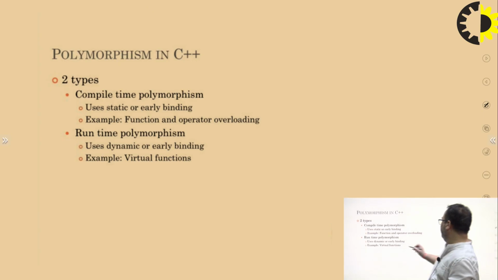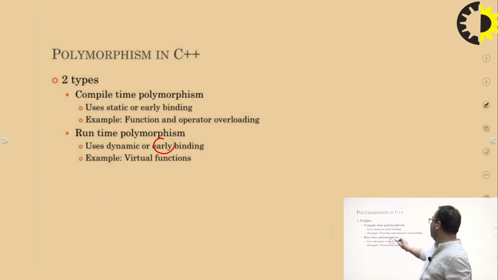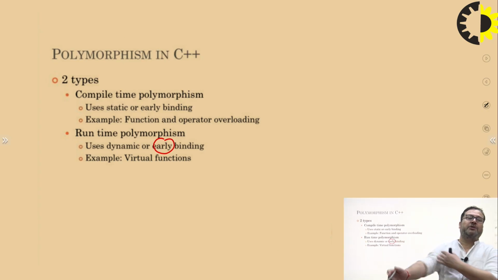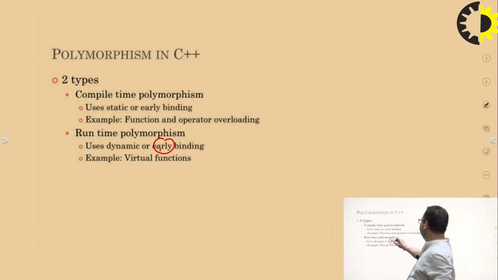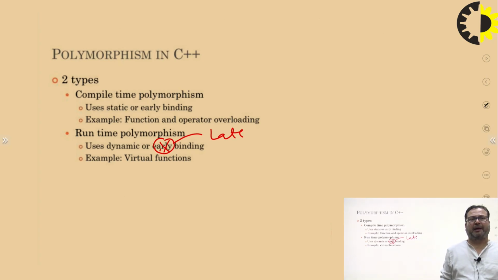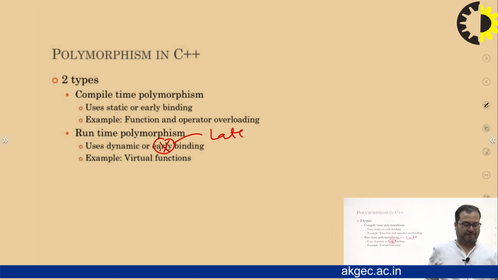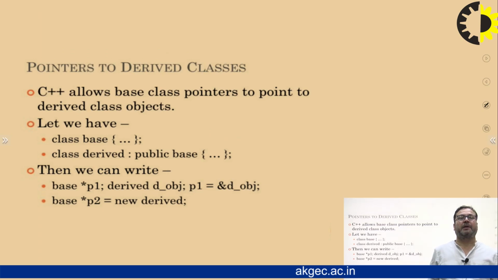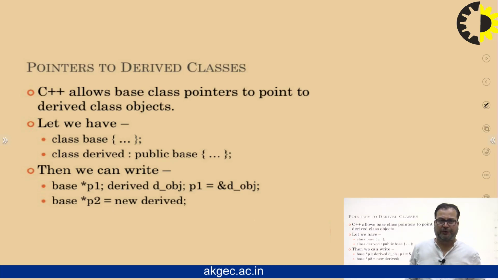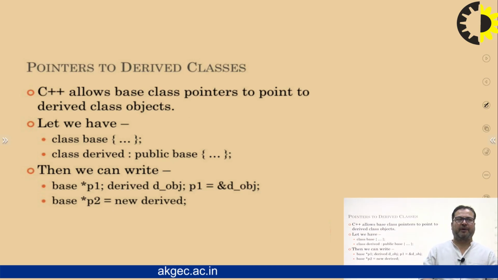Here this is a mistake: this is not early binding, this is late binding. It is also called late binding, because the address of the instruction is determined at the moment of runtime. So in this video we will particularly explore the virtual function, that is, runtime polymorphism.